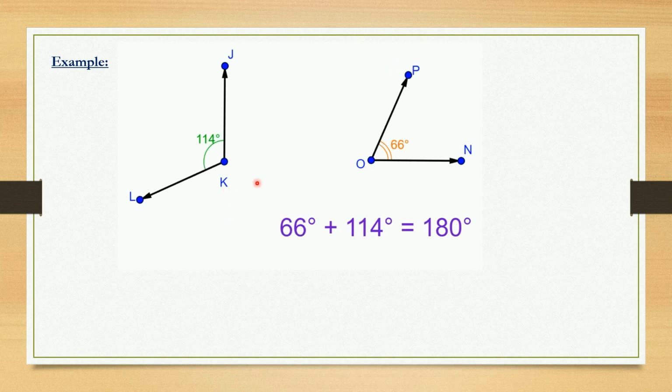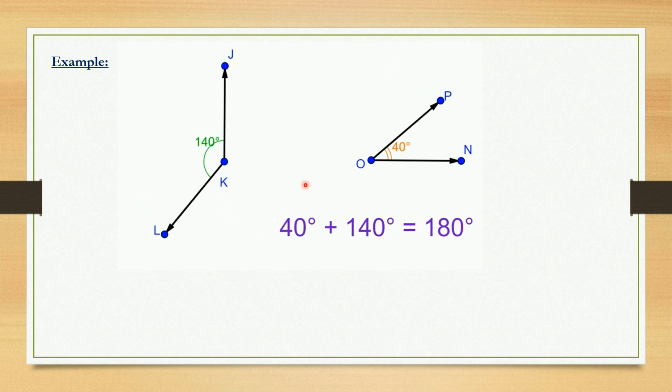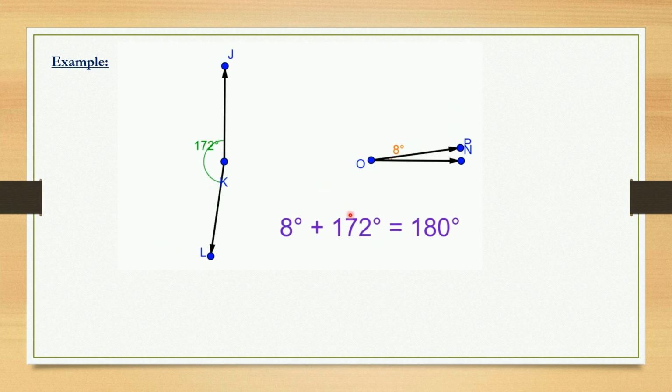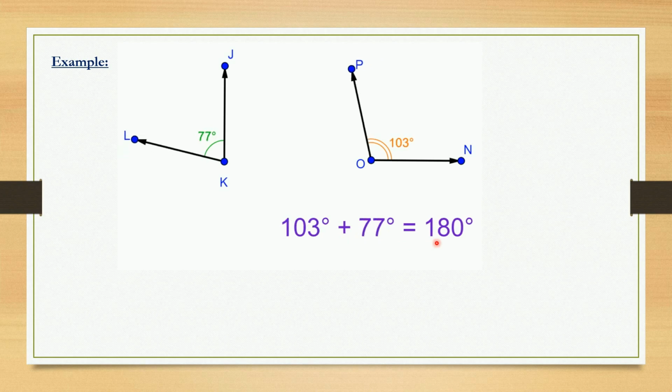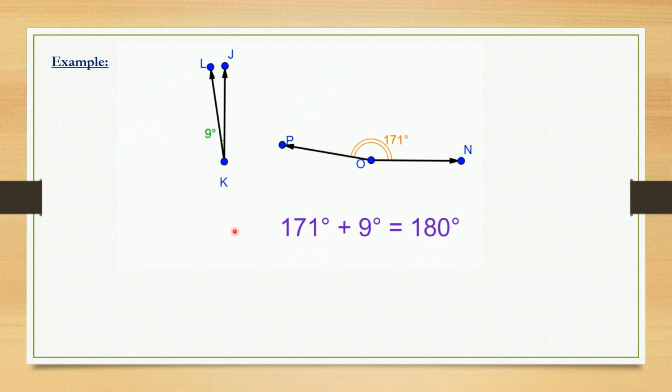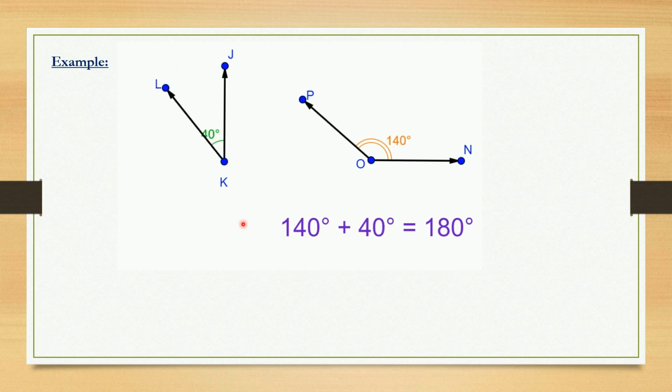So here we are changing the measure of both angles each time, and their sum is 180 degrees. So two angles having the sum of 180 degrees are called two supplementary angles. 50 plus 130 equals 180 degrees.